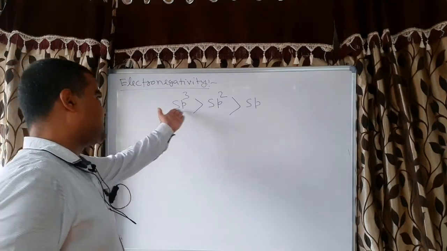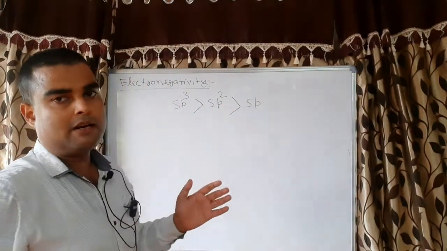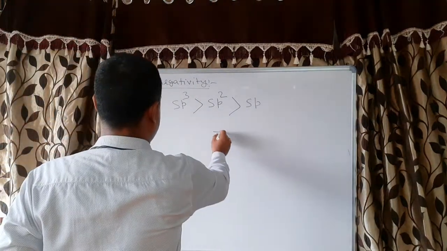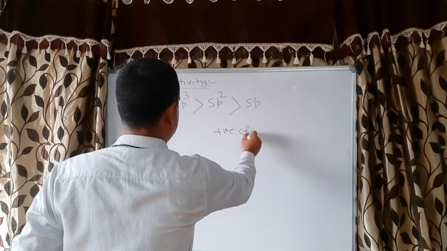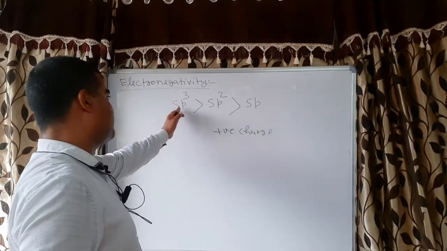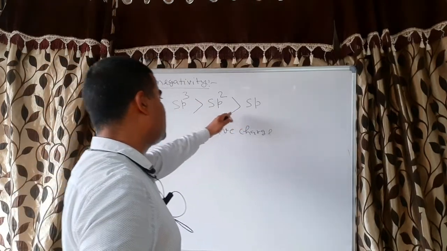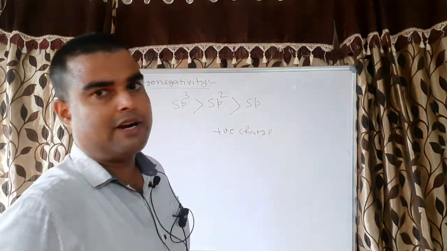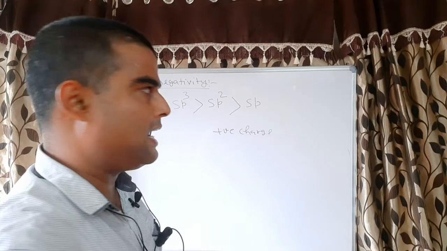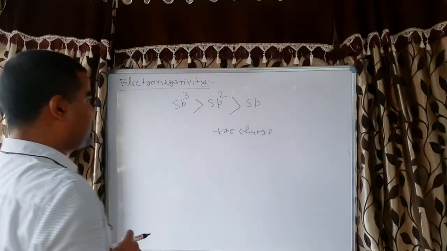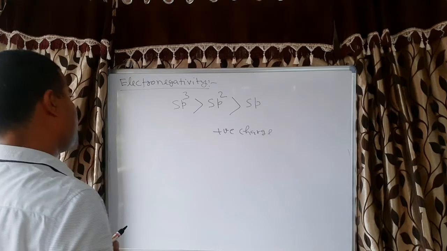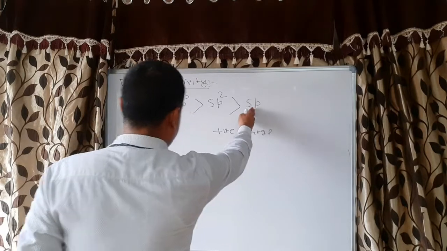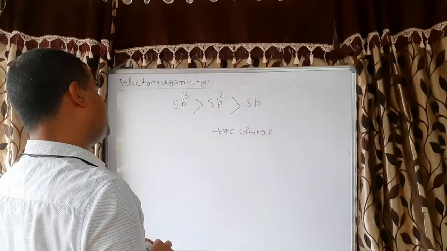Now, as the size decreases, the orbital will come closer to the nucleus. Nucleus means positive charge, correct? It means as the size of the orbital decreases, it comes closer to the positive charge. Positive charge means it will attract the electron more strongly, and the tendency of attracting the electron is called electronegativity. It means as we go from sp3 to sp, the electronegativity is increasing.